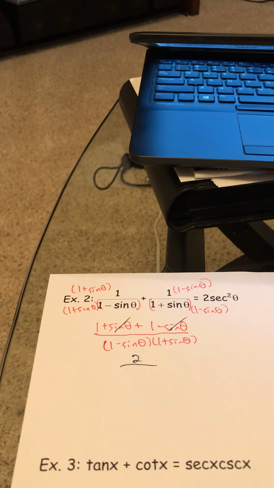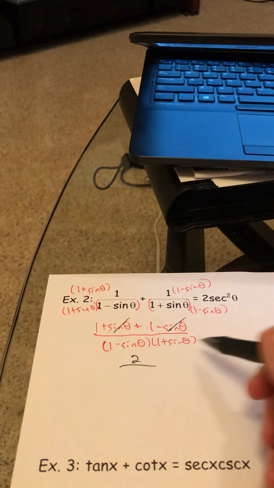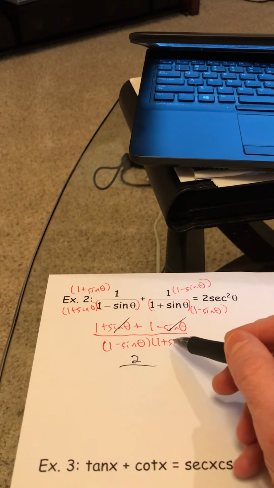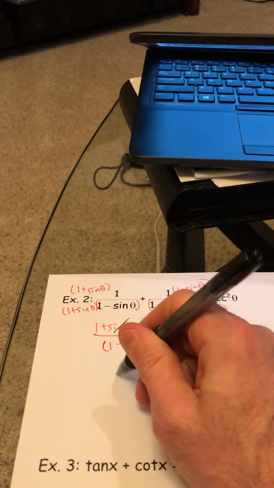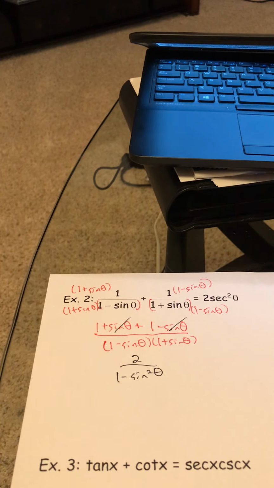This is one of those rare instances where we are going to actually have to do that. For one thing, if you notice when we have 1 minus sine and 1 plus sine, the only way to even begin to make that into 2 secant squared theta, we are going to have to distribute our denominator. And when we do, that is a difference of squares, so that's going to give us 1 minus sine squared.